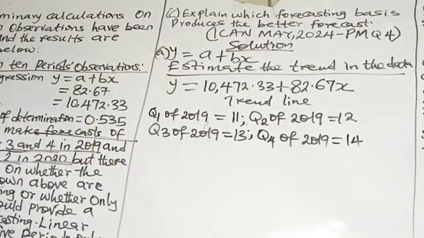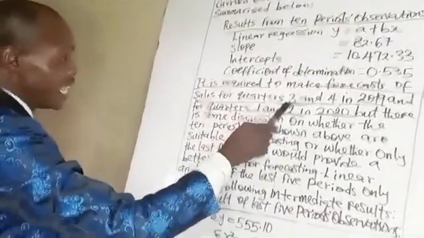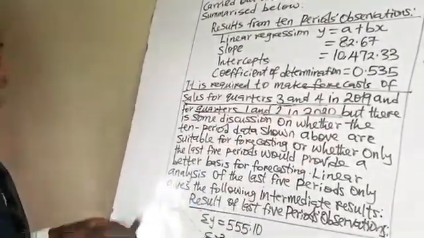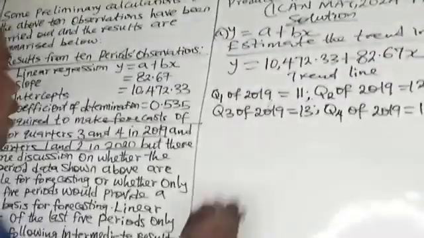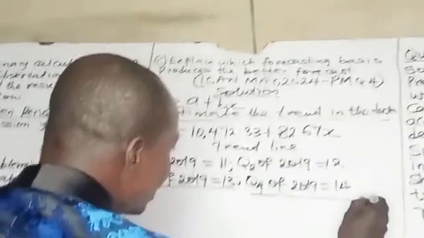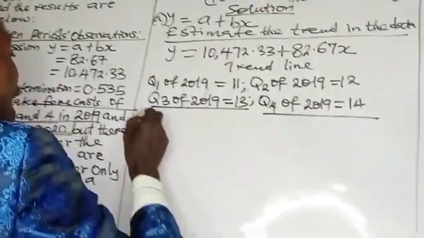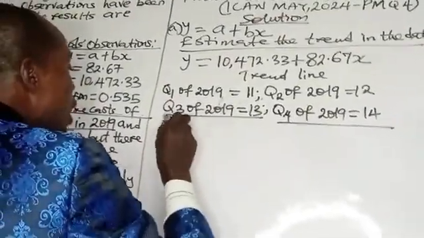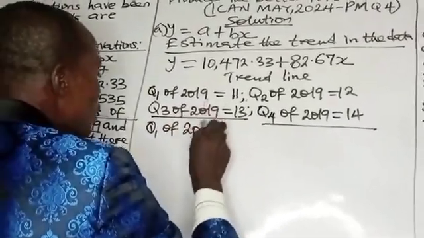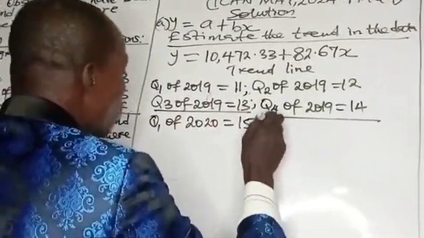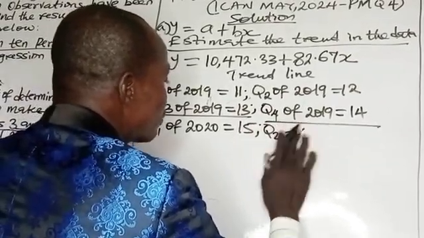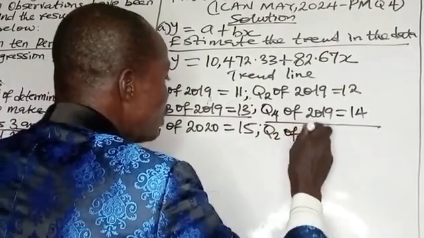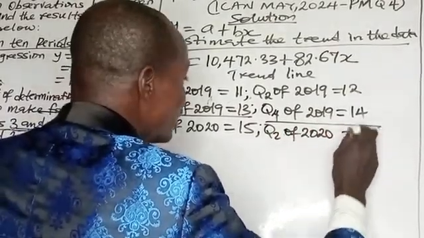Then the first quarter of 2020 will be 15, and the second quarter of 2020 will be 16.